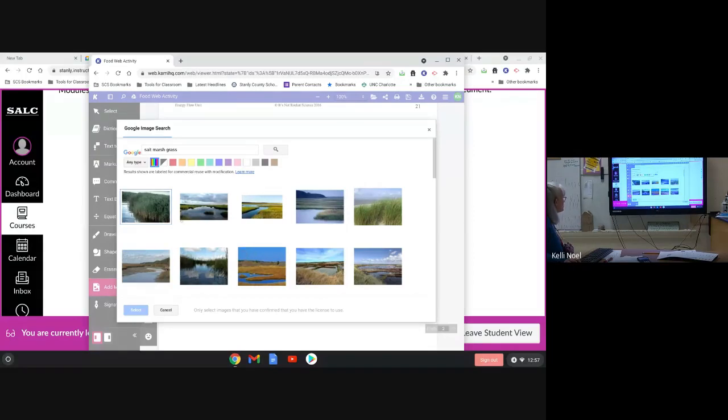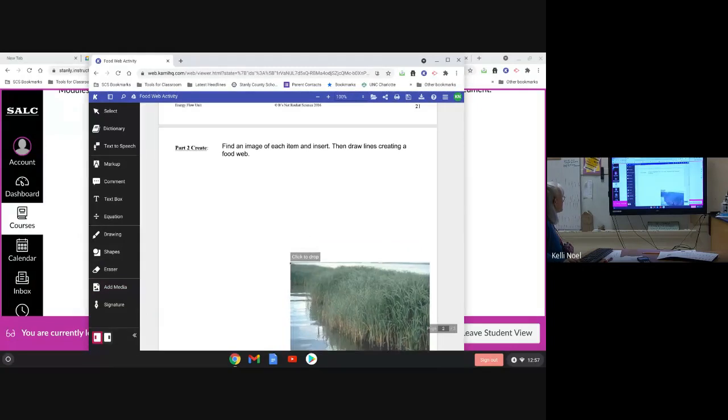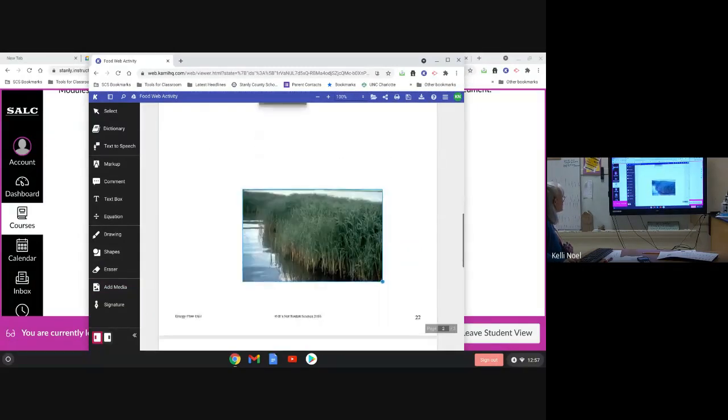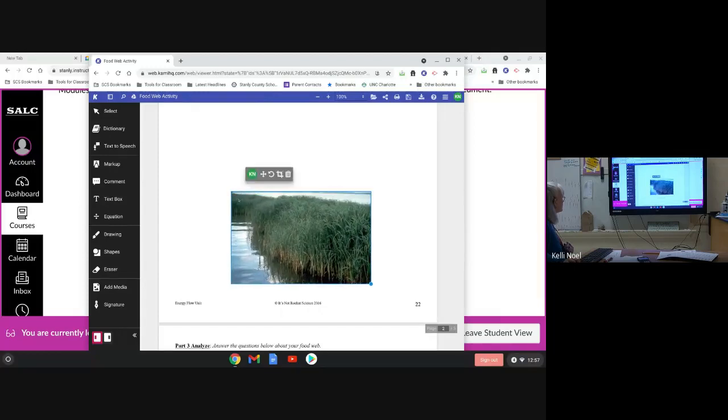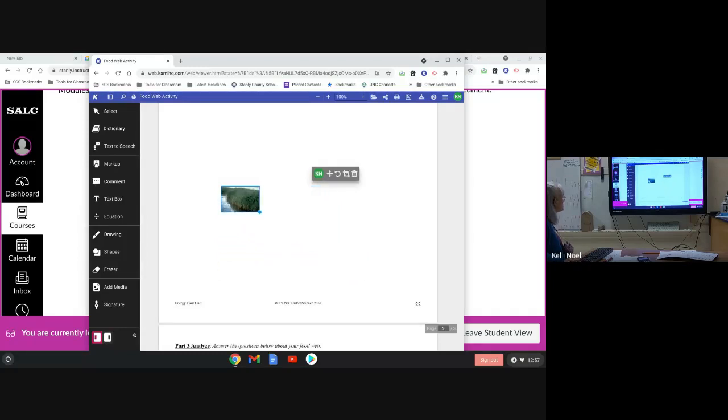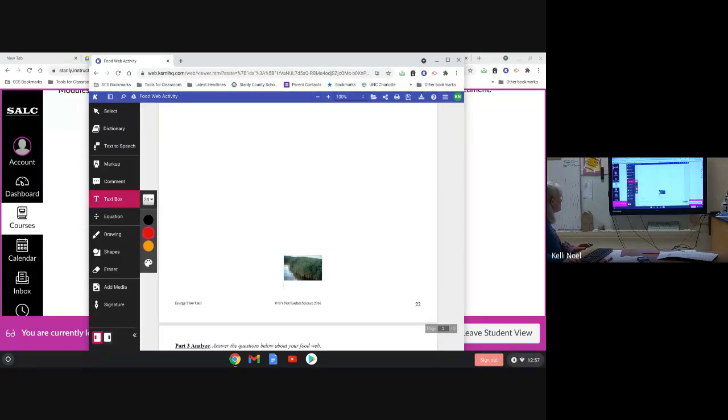I'm just gonna take the first one that comes up, select, and it may come up real big, but I want it kind of down to the bottom, so I'm gonna drag it down. All right, and I'm gonna make it smaller. And if you wanna label it, you can, so that you remember what it is. So then you can go back to your text box, and underneath here, you can label it salt marsh grass.